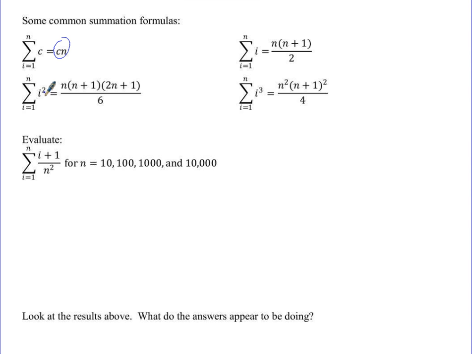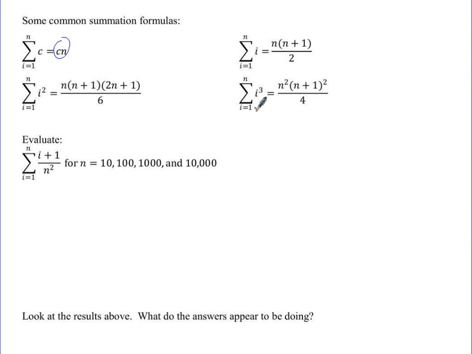But if you have the sum from i equals 1 to n of i squared, then this converts to this. Basically that's what we're doing here, converting from summation notation to a way to algebraically find the sum easily. This one comes up a lot. You need to have that one memorized.